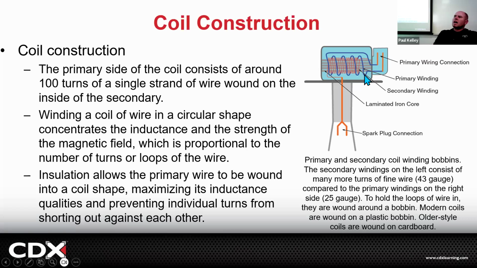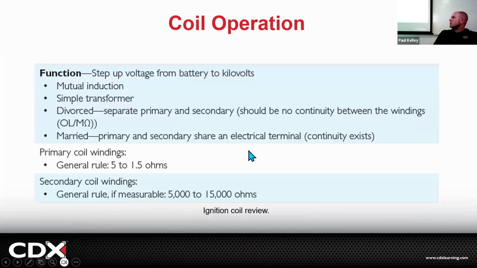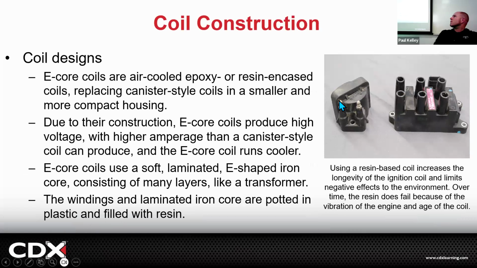And so I don't really remember all the tests because there's so many different types. But if you're following service info and it tells you to measure the secondary ignition coil, that might literally be from here to here. That's a good measurement, but that's only true about this coil. I'm not sure. This coil may have continuity between the secondary and the primary, but this one may or may not. I really don't know. So I'm regularly following the service manual.